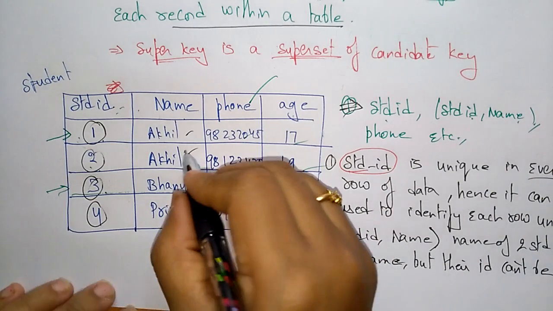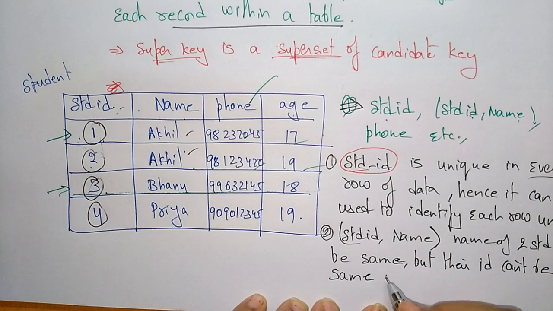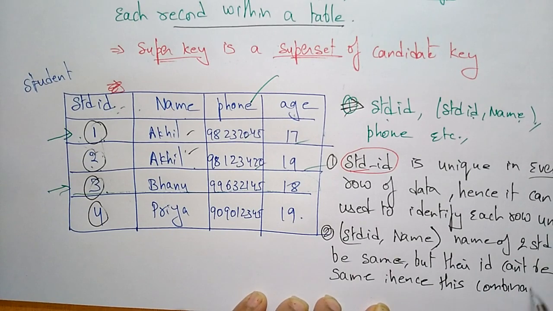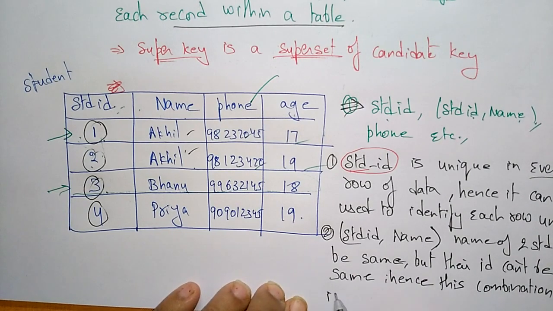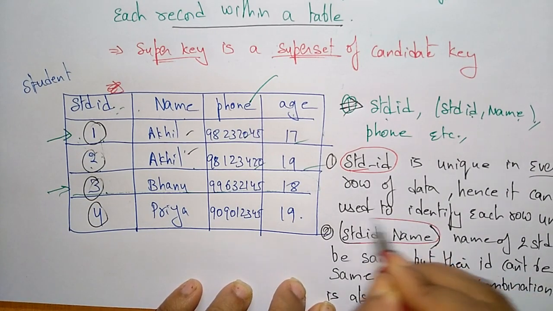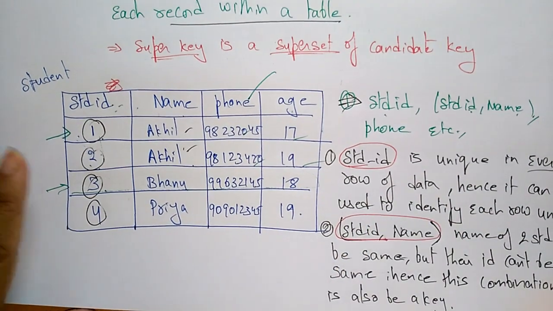So the name may be the same, but their ID can't be the same. So this combination is also a key. You can take this combination also to identify a record uniquely. So this also may be a key.